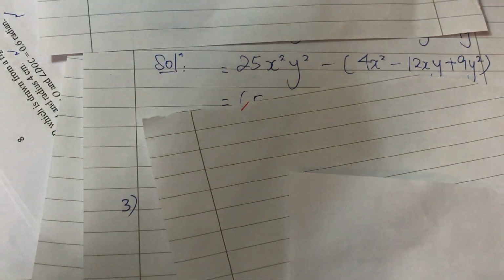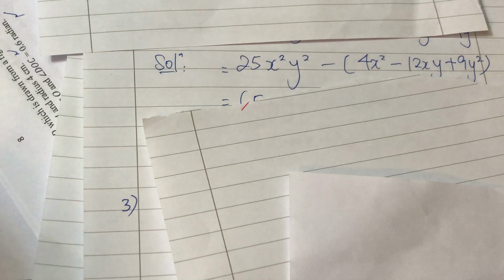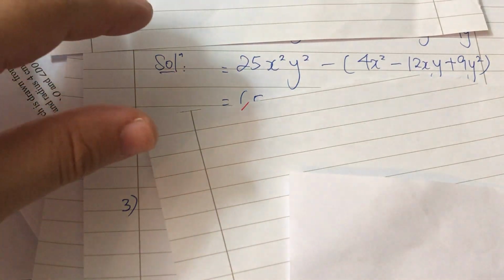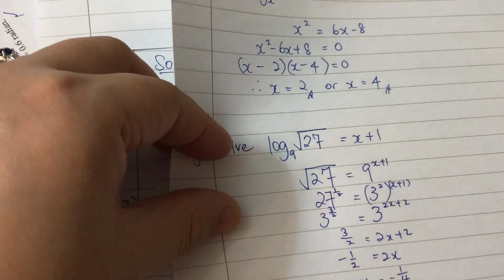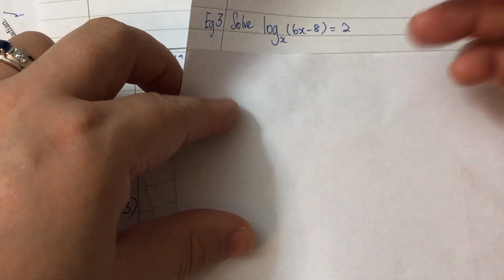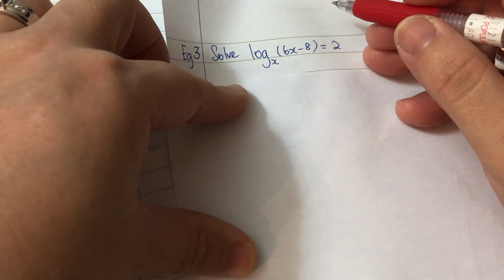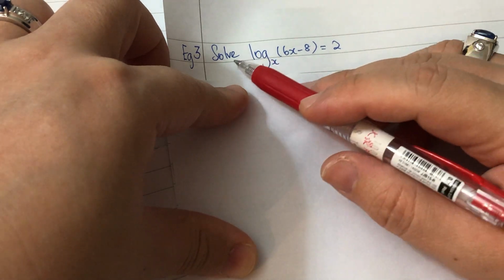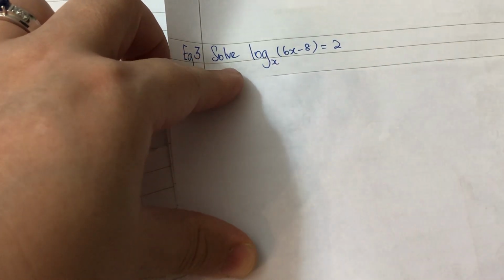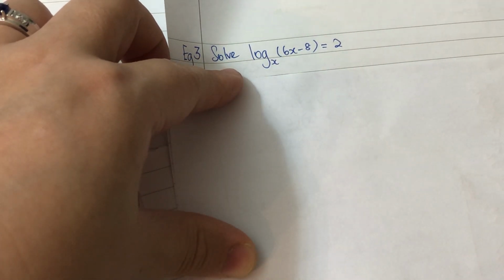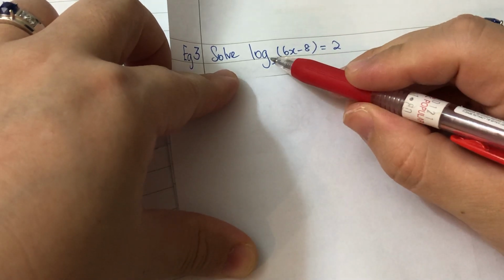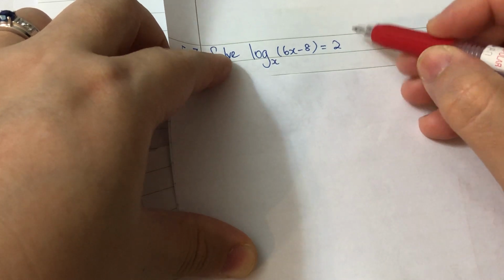We'll now move on to another thing. Actually, it's not really another thing, but the same thing. We want to solve this, okay? So how do you think we should solve this? It's the same old story, change the logarithmic form to index form.